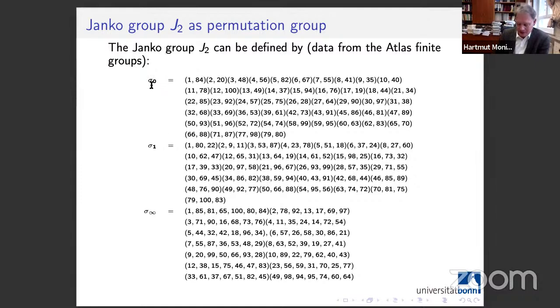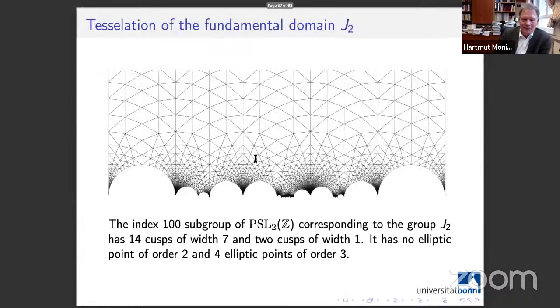Sigma 0 is basically the inversion, and sigma 1 is inversion times translation to the -1. And using these analytic methods, I was able to show one thing: this is the fundamental domain of Janko2.